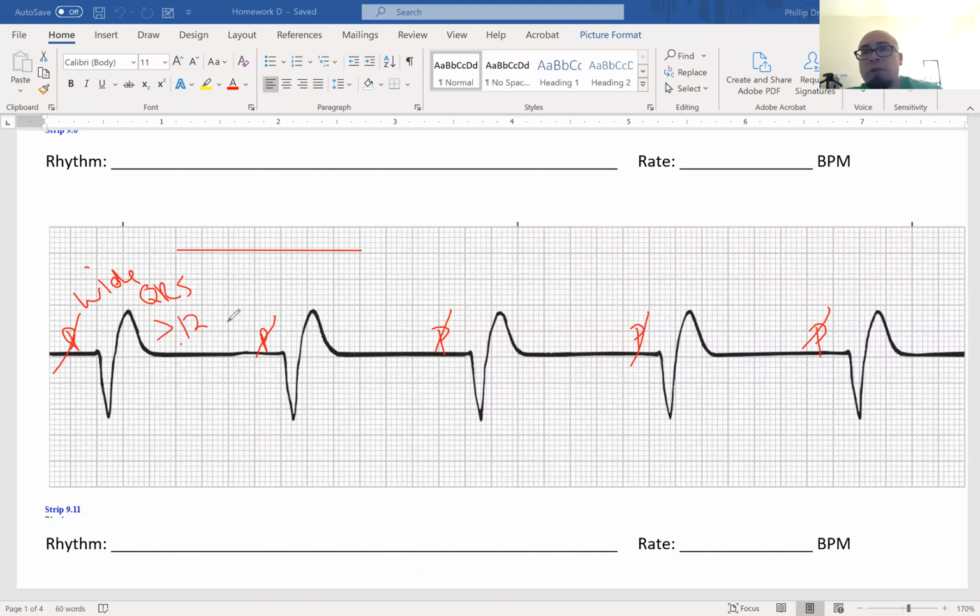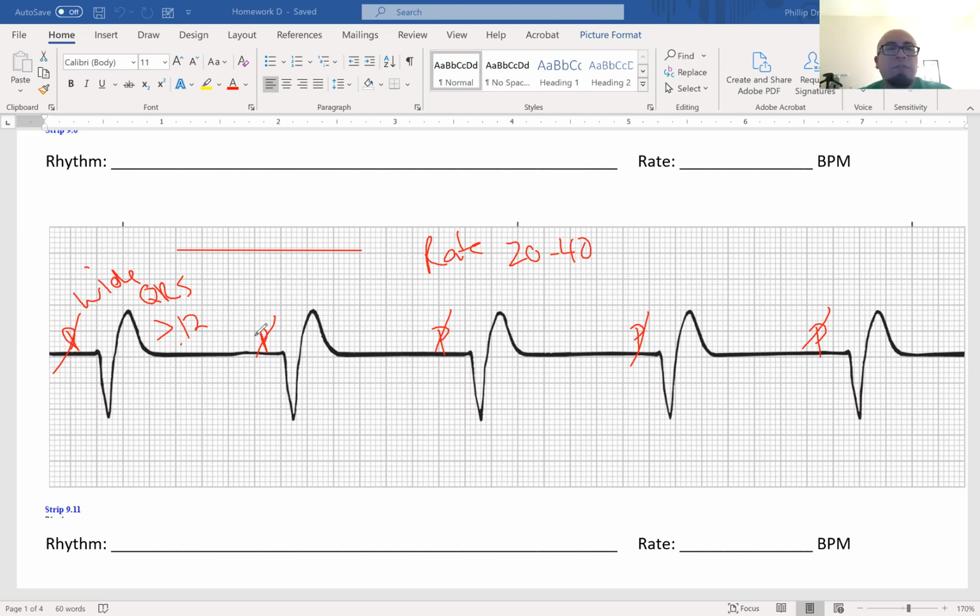The rate should be somewhere between 20 to 40. And we'll calculate that when we get there. So now we've identified where it's originating from. We have a wide QRS and we have a fairly slow rhythm or rate here.